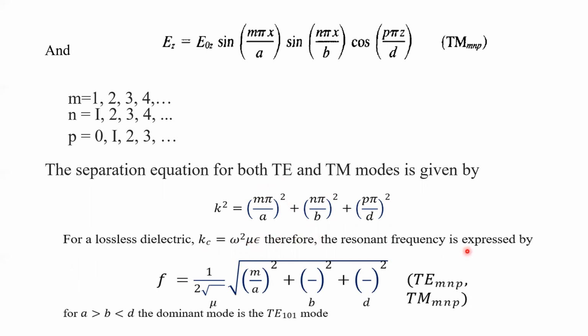Therefore, the resonance frequency is expressed by f is equal to 1 by 2 pi root mu epsilon into square root of (m by a) whole square plus (n by b) whole square plus (p by d) whole square, for both TE and TM components.